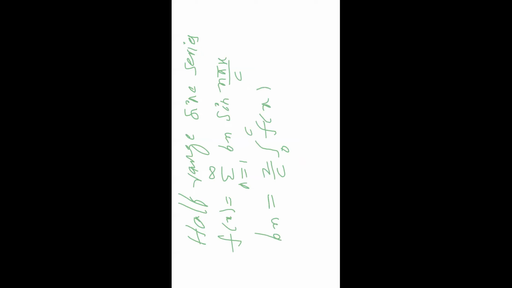The half range sine series formula is f of x equal to sigma n equal to 1 to infinity bn sin n pi x by c, where bn equals, by the same formula, 2 by c integral 0 to c f of x sin n pi x by c dx.